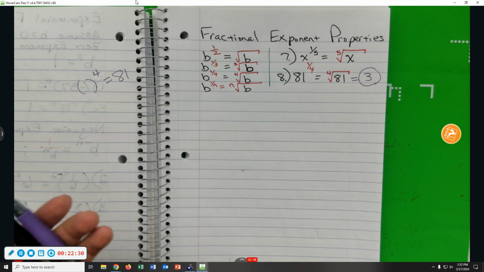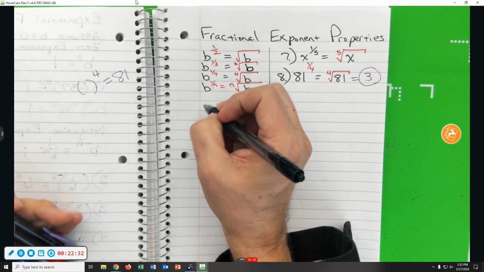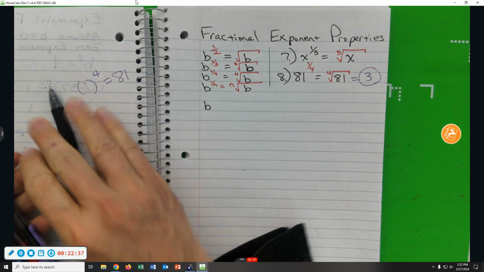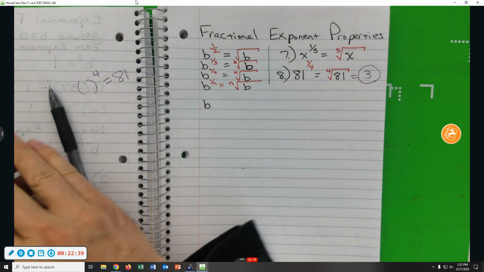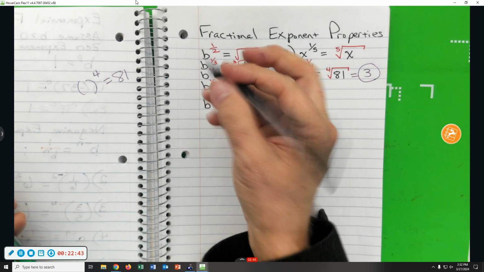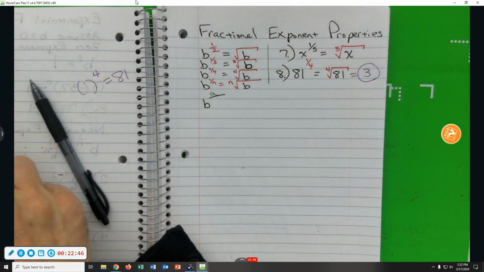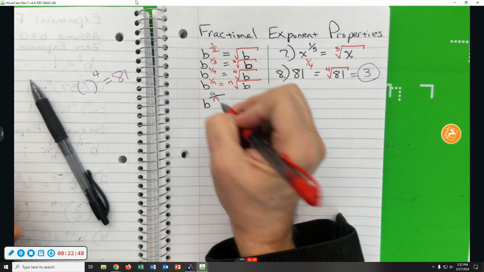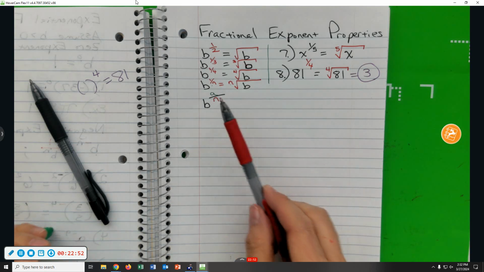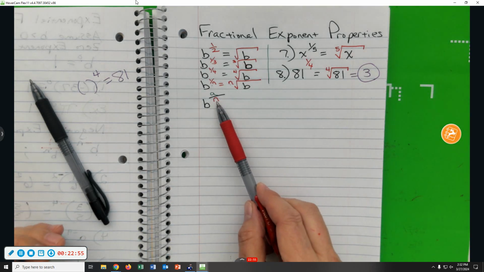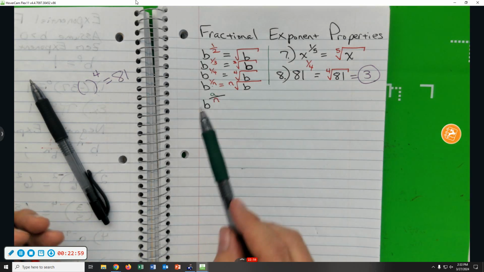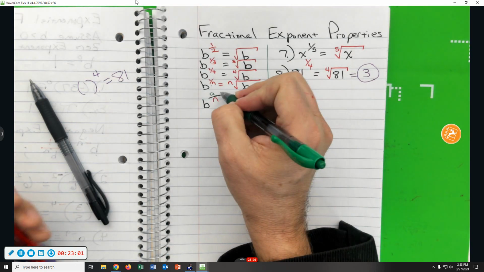Let's say b to the a over n. If you have an exponent that's a fraction, and the numerator isn't a 1, that numerator is going to be the power.